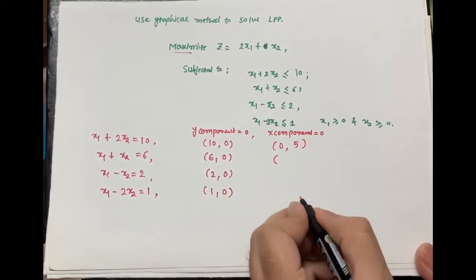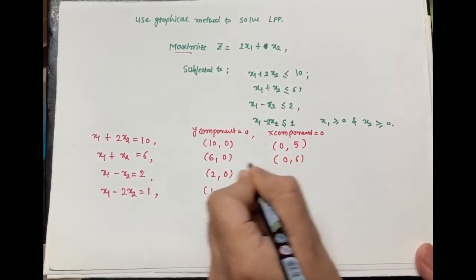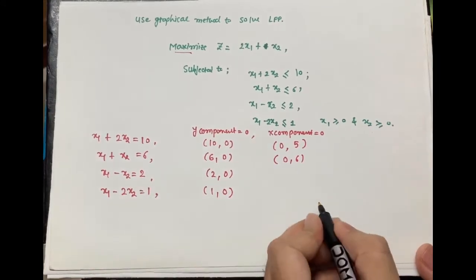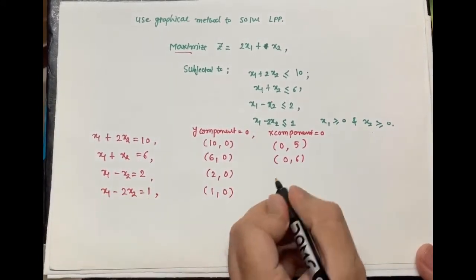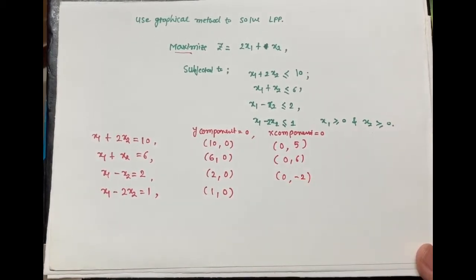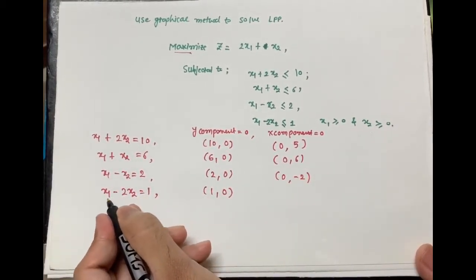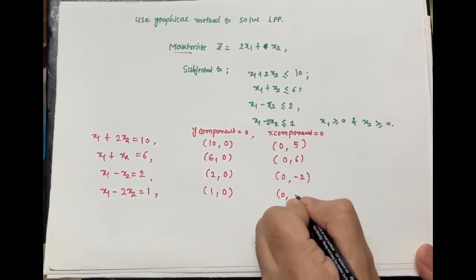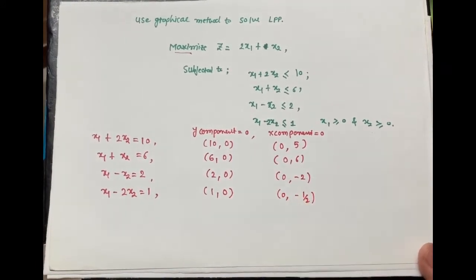Here it is 0, 6, the 45 degree line. x1 minus x2 equals 2, so if x1 is 0, x2 gives the value of minus 2. Here if x1 is 0, x2 value is minus 1/2, 0.5.